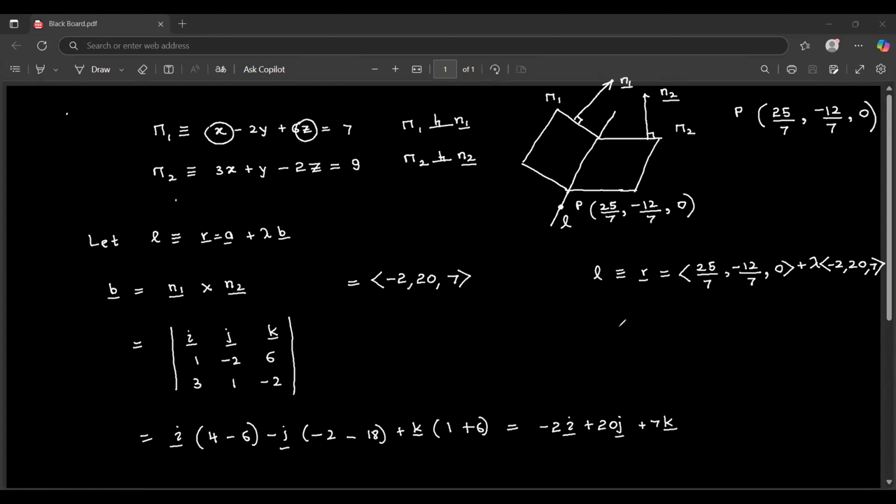But if the equation was something like this, let's look at another example question. Let's say π1 is given as 7x + 2y - z = 7, and π2 is given as 9x + y + z = 3. Here I will give x as 0.